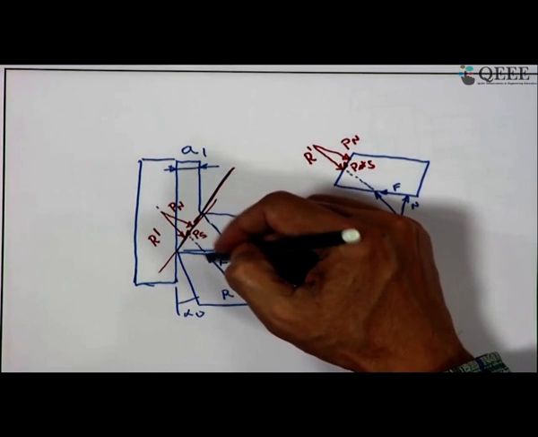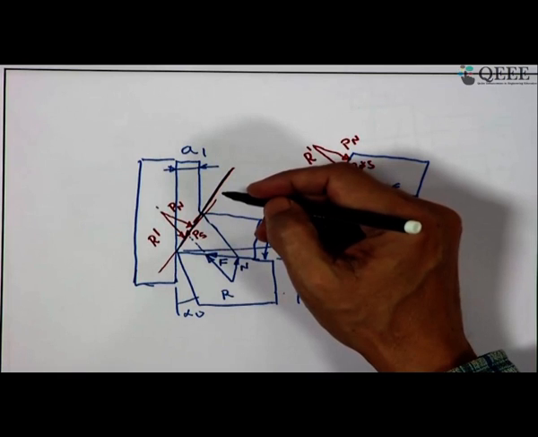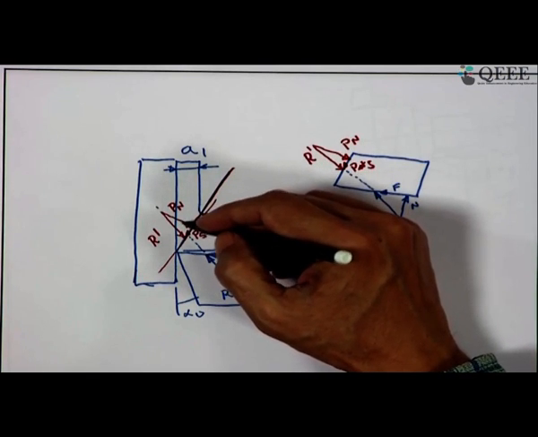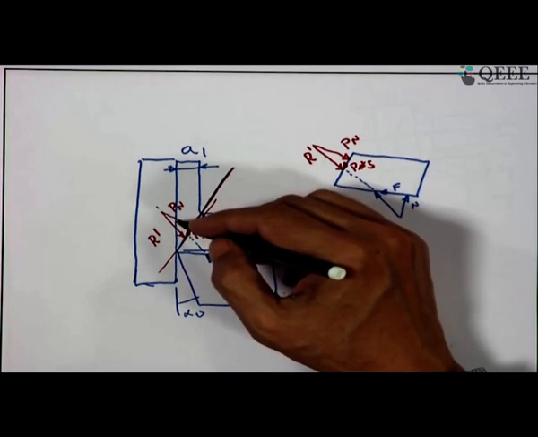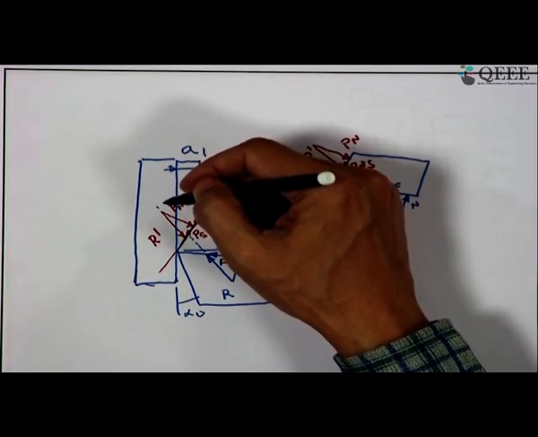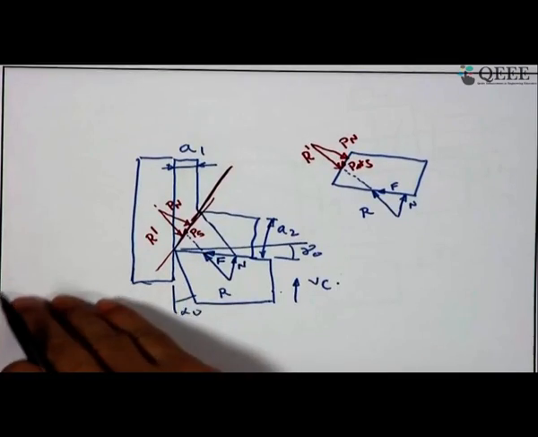So, here you get this R, you resolve into two components again, which are PS and PN. It is in the reverse direction because it is supplied by the cutting tool, but as a reaction of the workpiece, it is in the reverse direction.